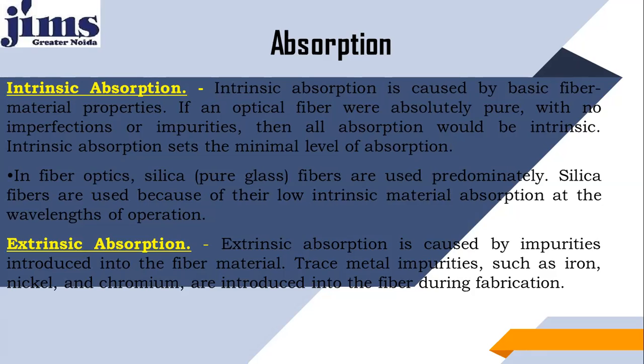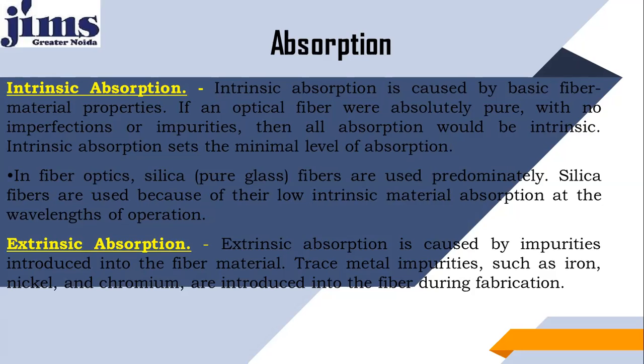It comes in optical fiber 100% because you can't separate the materials that are used in the manufacturing process of optical fiber. So if you assume that there are no impurities, then this intrinsic absorption comes into the picture, and it is due to the materials used in the manufacturing process of optical fiber.